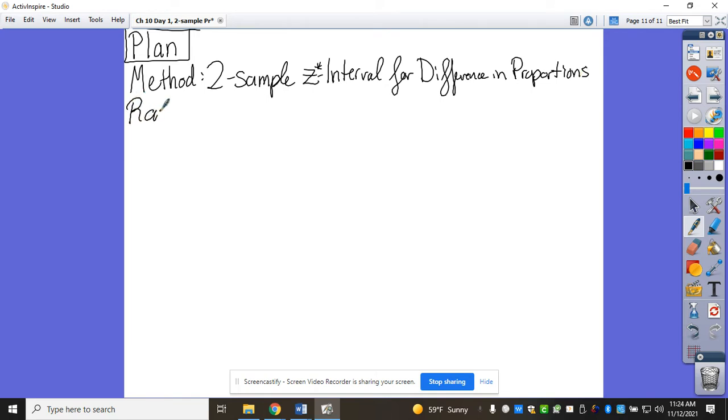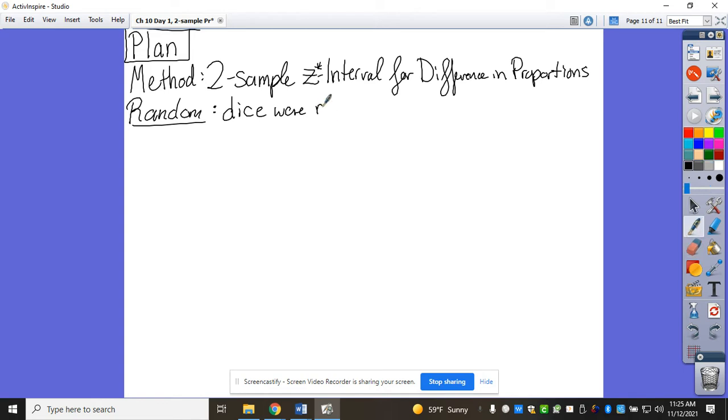So first condition, random. What would I write there? Dice were drawn randomly. So what can I say right here instead to make it easier on myself?